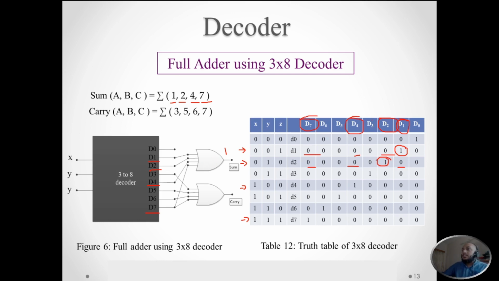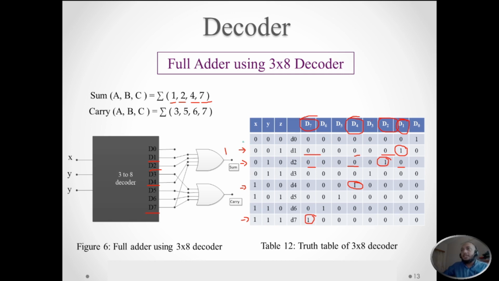So as one of the inputs for this OR gate is 1, we will get 1 in the output. For this case D4 is 1, so we will get 1. For this case D7 is 1, we will get the output as 1.